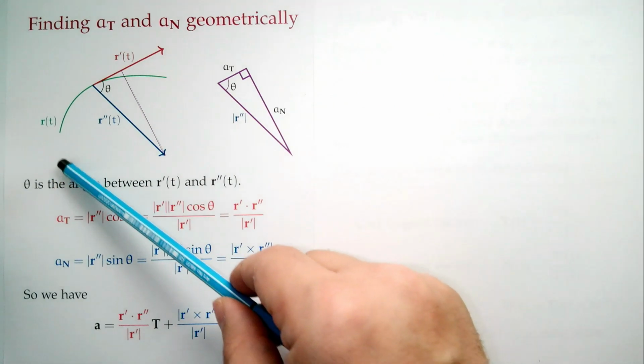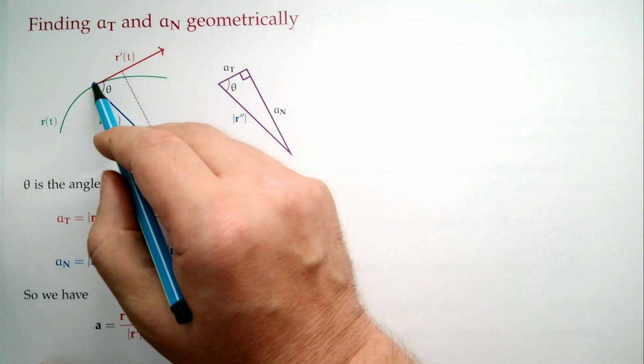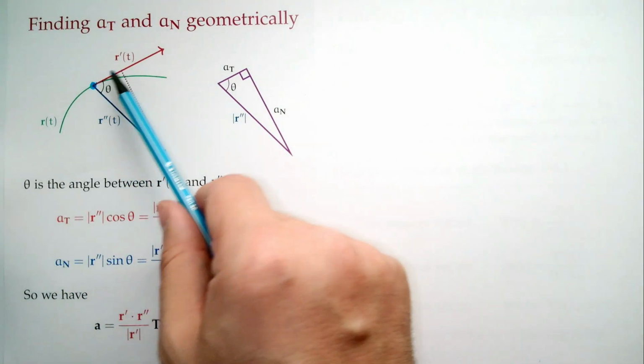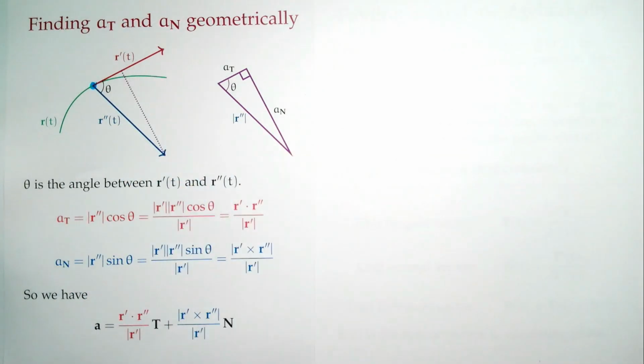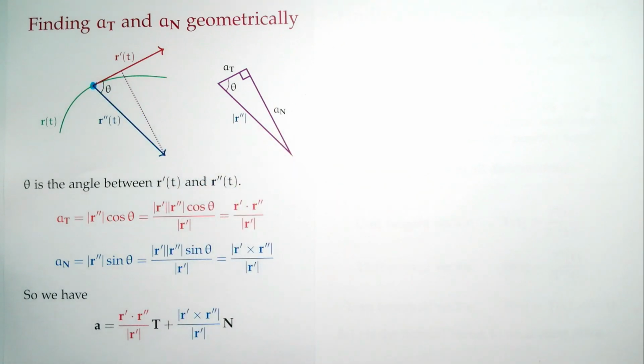So we have our curve, and we're looking at a particular time. At a particular time, I have my derivative pointing, which is tangent to the curve. And then I have my acceleration, which is pointing in some direction. Almost always acceleration and velocity point in different ways.